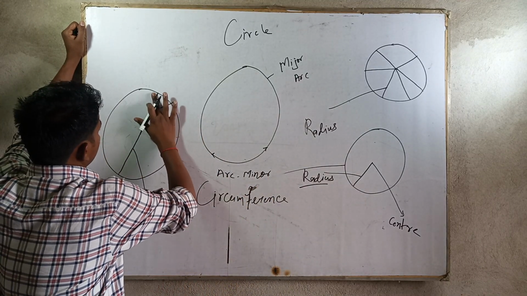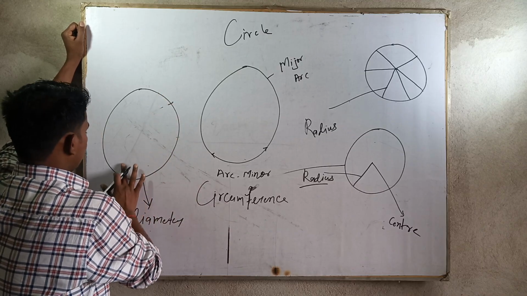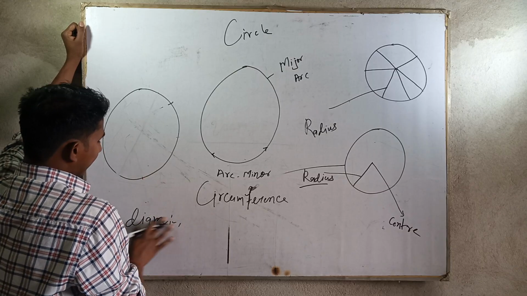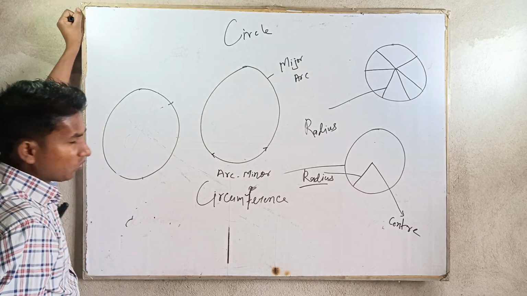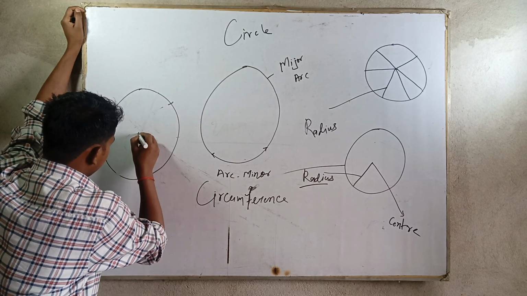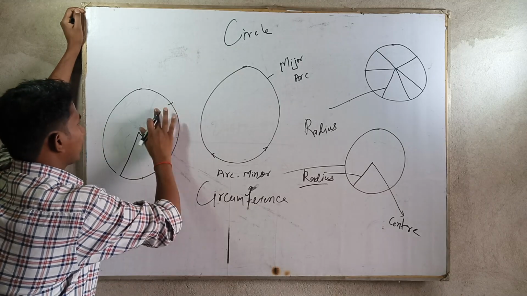And the next one is about the sector. About the sector, you would have seen in your birthday party when you cut a cake in this form with a knife.